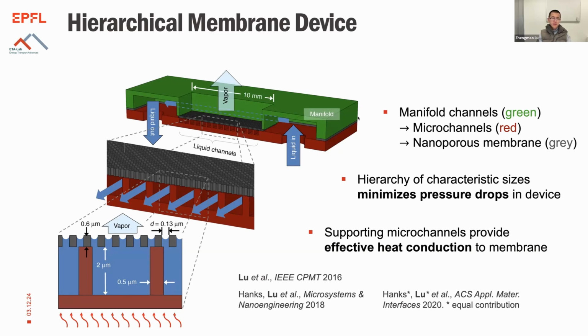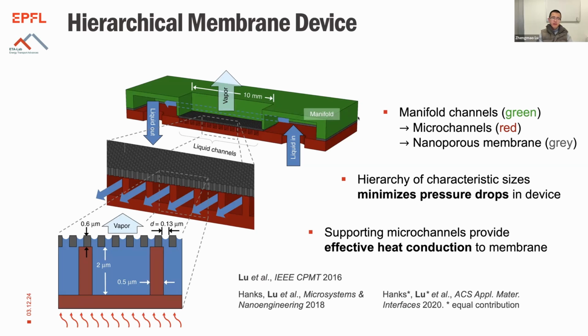Underneath it, transversely, you have these microchannels in red running across, which are connected to the green channels. And after the red microchannels, the liquid can wick into the nanoporous membrane, which was our working unit that we described in the previous slide, where evaporation will actually occur. Because we have this hierarchy of characteristic size between the green, the red, and the gray, we effectively minimize the pressure drop in the device, just like a tree.